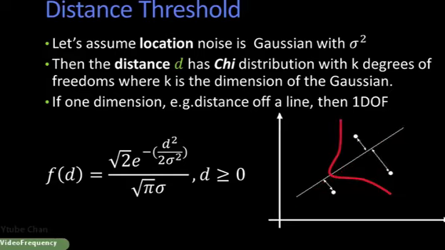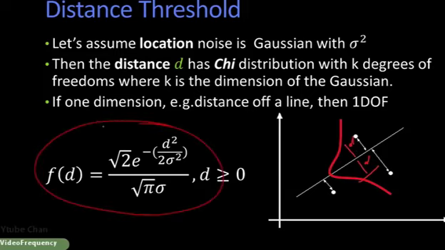In 1D, it's actually much easier. It's essentially what's called a half normal, because the probability that you're d away is you can either be d this way or d that way, but d is only a positive value, so it's just twice the regular Gaussian distribution. That's what this distribution looks like, because it says d greater than 0.